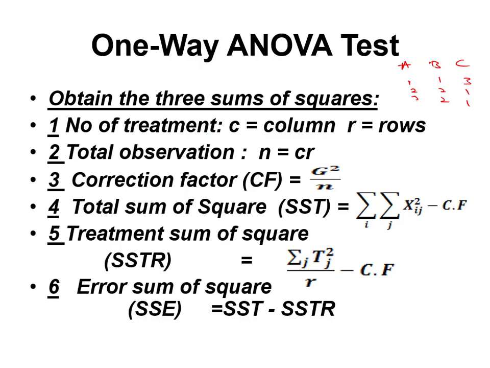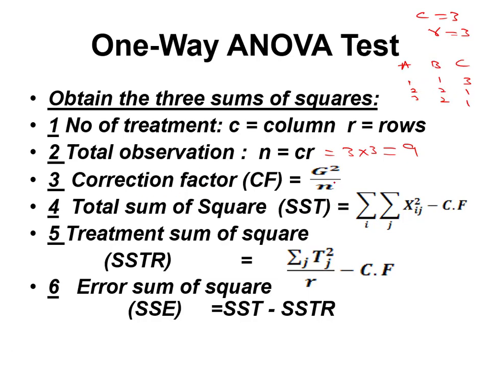See how many columns, how many groups you have: C will be 3. And how many rows? 1, 2, 3, 3 observations in each group, so R is equal to 3. N will be C times R, where C is the column count, so 3 into 3. This will be your number of observations. You can easily count 1, 2, 3, 4, 5, 6, 7, 8, 9.